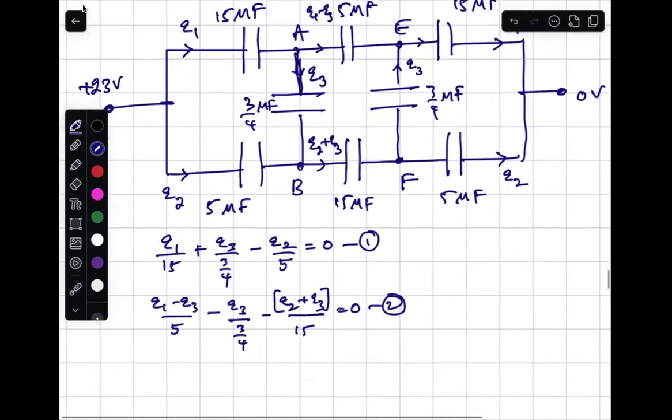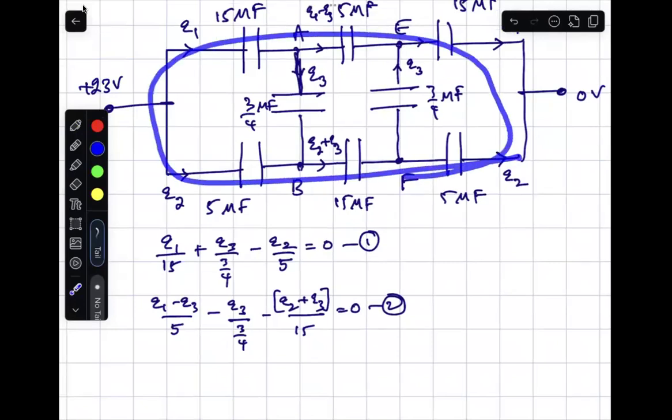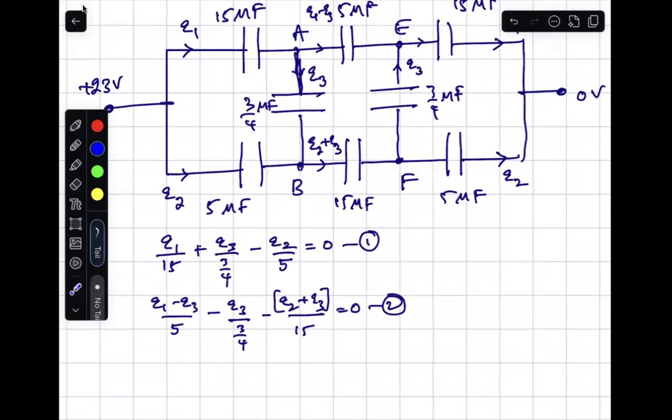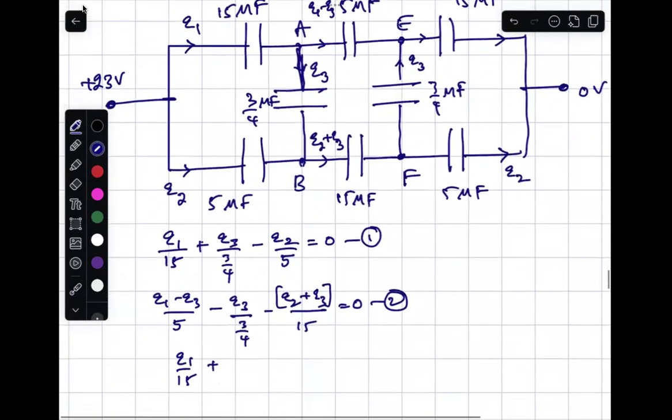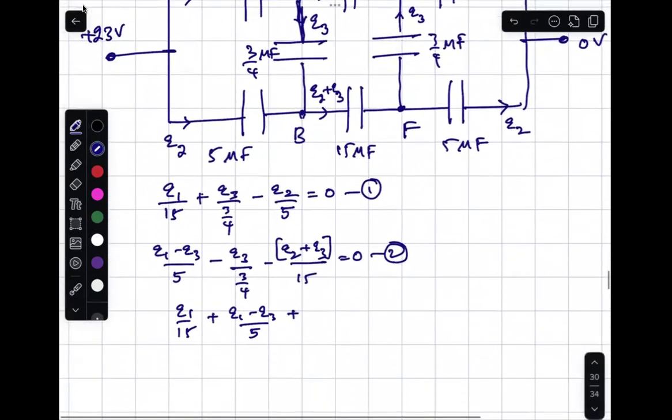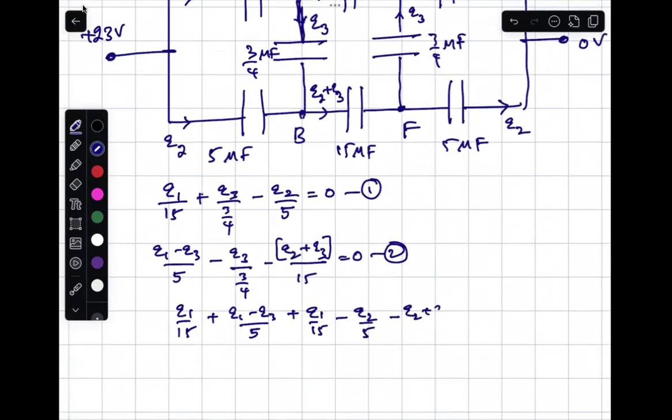Yes, I have an option. You take this loop totally. So if you take that loop totally: Q1 by 15 plus Q1 minus Q3 by 5 plus Q1 by 15 minus Q2 by 5 minus Q2 plus Q3 by 15 minus Q2 by 5 is equal to 0.